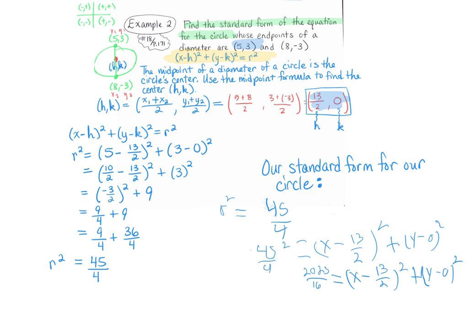So it would be 45 over 4 equals x minus 13. I think the only thing is the 2025 over 16. The 45 over 4 didn't have to be squared because r squared is 45 over 4. Does that make sense?